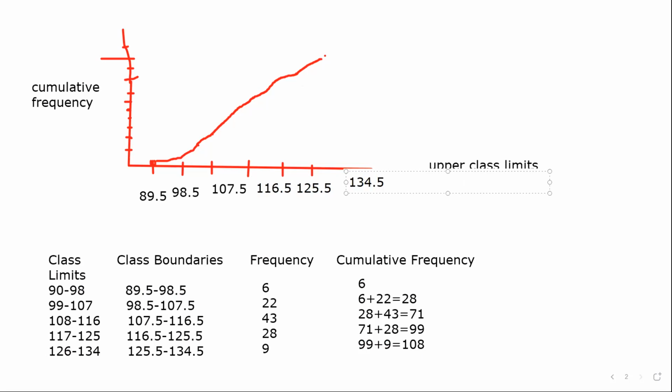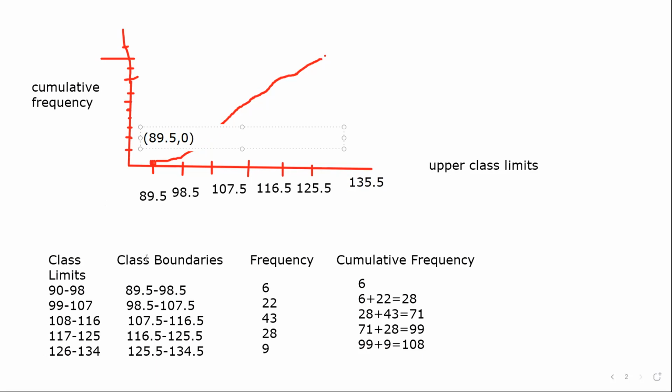And I'll put the points up on top. So this is going to be 89.5 and 0. Because actually your lower limit is going to be where this closes. So it's not going to be at 6, not 89.5. And that's a mistake that students make.